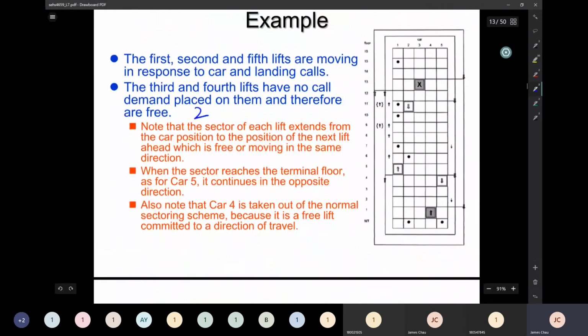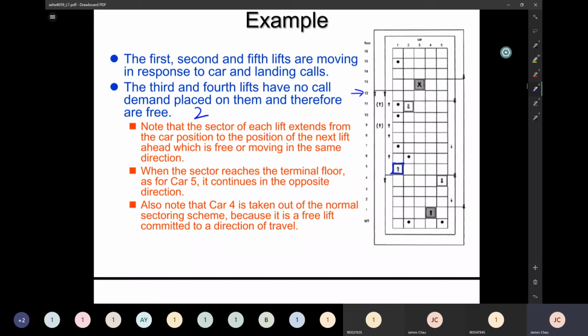So now we see that the sector of each lift extends from the car position to the next lift ahead. Therefore, you can see that car number 1 originally should reach floor 12, but the sector above does not have any lift, therefore it will continue to serve the calls in floor 15.